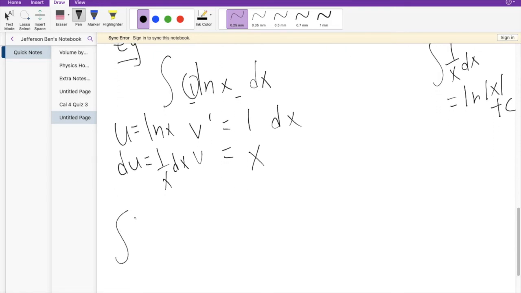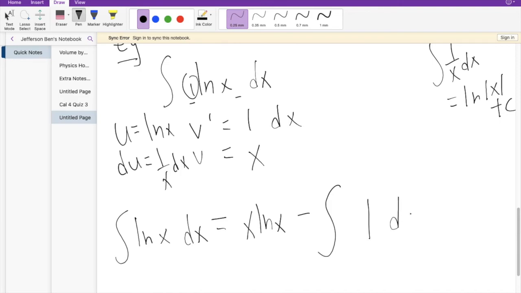Okay, and we just apply the formula. The integral of ln x dx is equal to uv, which is ln x times x, minus the integral of v, which is x, times du, 1 over x dx. So x and x cancel, and it becomes 1 dx. And we just compute this integral.